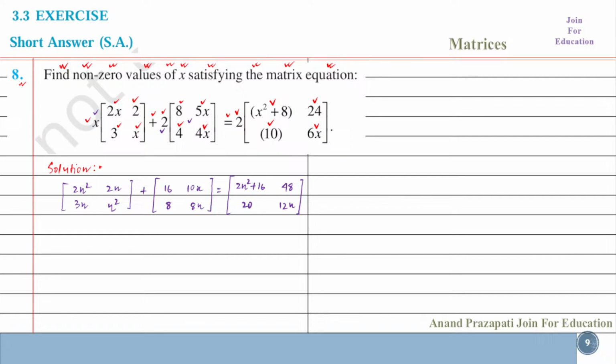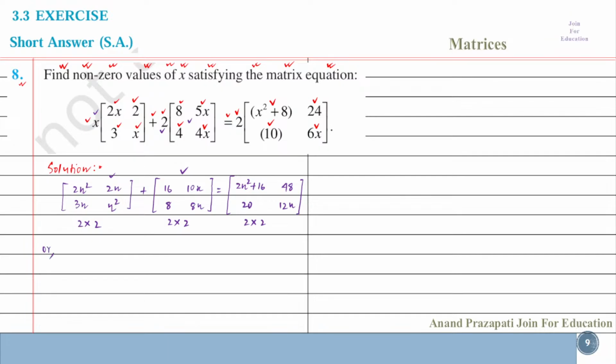There is no problem to understand up to this step. The order of this matrix is 2 by 2, the order of this matrix is also 2 by 2, and the order of this matrix is also 2 by 2.